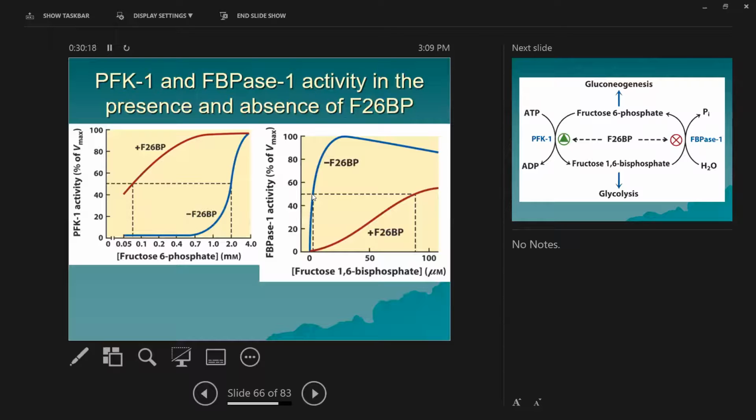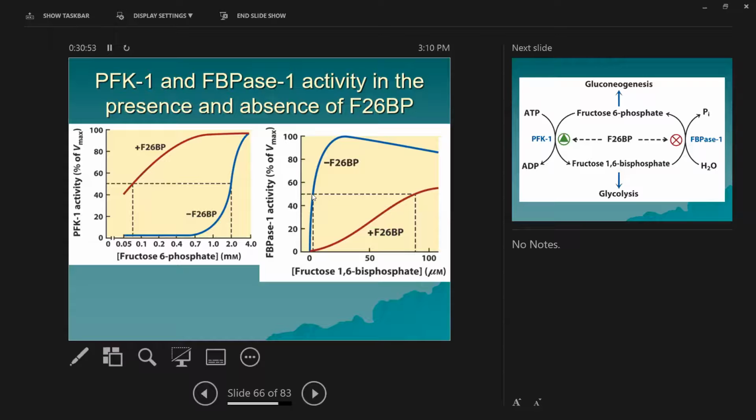So the presence, as you can see, of fructose 2,6-bisphosphate has pretty profound reciprocal consequences for phosphofructokinase 1 and fructose 1,6-bisphosphatase. So the presence of fructose 2,6-bisphosphate is quite profoundly activating for PFK1. Without it, PFK1 is in pretty deep weeds.